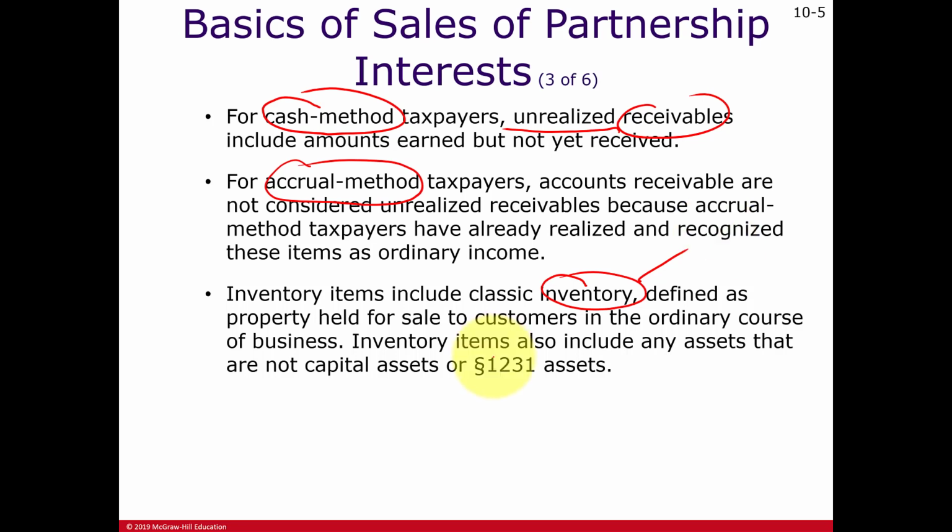Also, again, I mentioned a couple of slides ago, Section 1231 sales profits is generally treated as long-term capital gain unless there's Section 1245 recapture that's taxed at ordinary income.